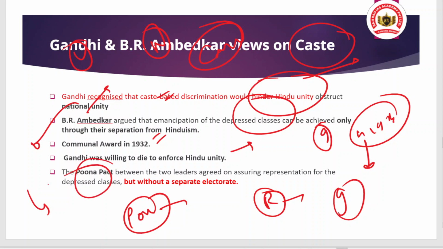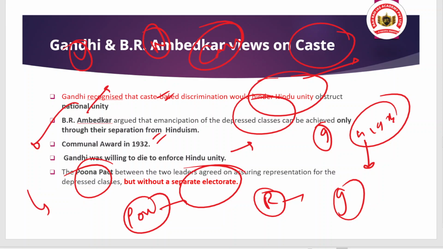The Pune Pact, between the two leaders, agreed on assuring representation for the depressed class, but without a separate electorate. And from here you can understand that the concept of reservation started in India, and now we are seeing reservation existing, and we are giving reservation to various communities.